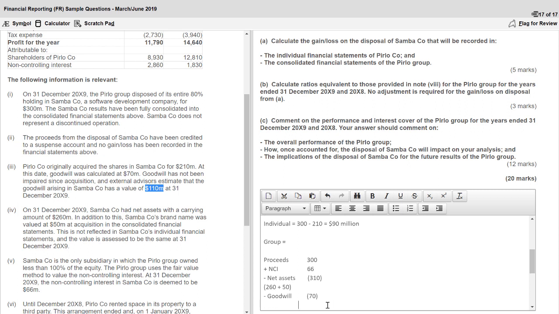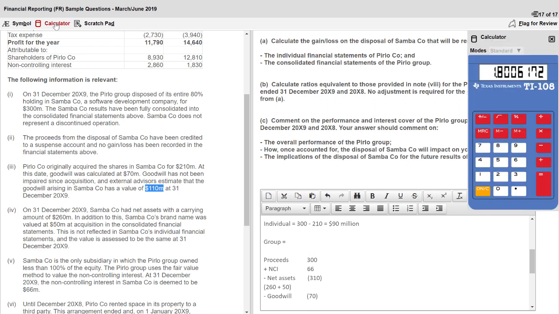So again, what we go through and do then is you total that up on your calculator. Keep it simple, keep it with the standard one, and away you go. So what have we got? 300 plus 66 less 310 less 70 gives me negative 14.